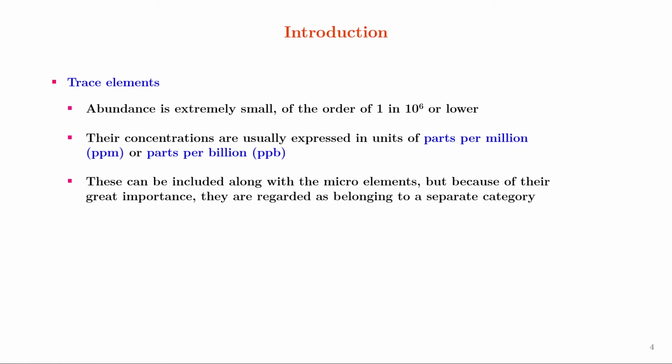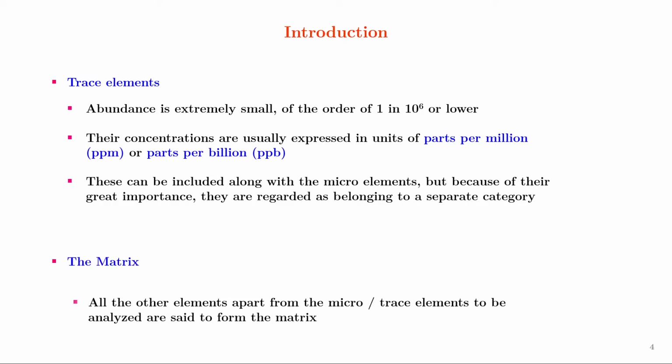These can be included along with the micro elements, but because of their great importance, they are regarded as belonging to a separate category. A large number of samples can be cited to bring out the relevance and significance of such trace elements. All the other elements, apart from the micro or trace elements, are said to form the matrix.